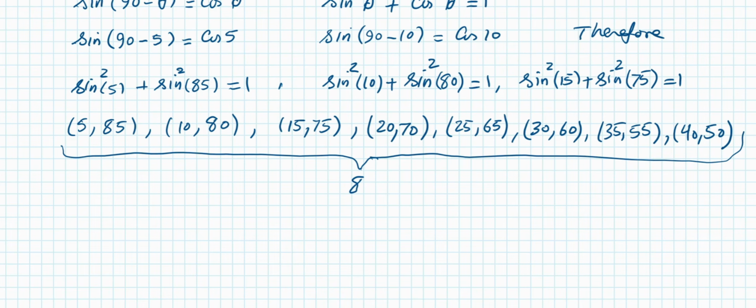There are 2 terms that we haven't considered. One is at the center, which is sine square of 45, and that is equal to square root of 2 over 2, squared, or 1 over 2.